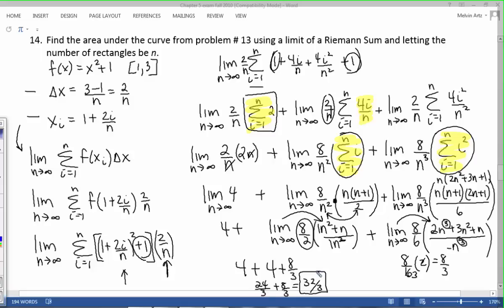And comparing that to our previous problem where we took 8 rectangles and estimated the area under the curve, here we're getting 10 and 10.67, and I believe we got 10.93 in the last problem. And this is an increasing function, so it makes sense that if we're using the right side of the rectangles, we're going to have an overestimate. So 10.9 was a little bit more than our 10.67.